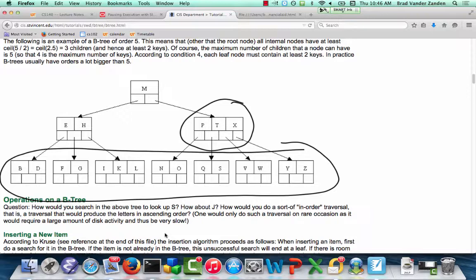What else do I want to point out about this? This is a B tree of order 5.